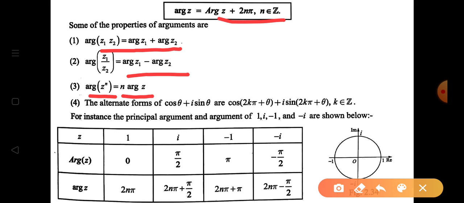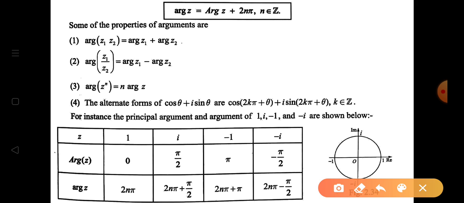Now the fourth one, the alternate forms of cos theta plus i sin theta, or cos(2k pi plus theta) plus i sin(2k pi plus theta), where k belongs to Z. Once again, listen.